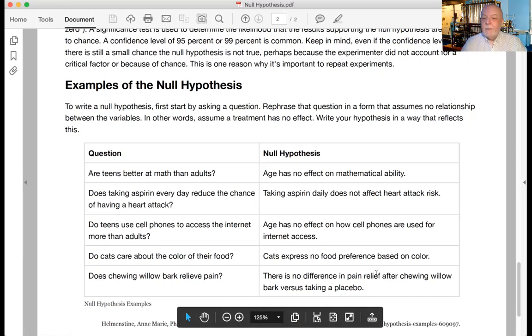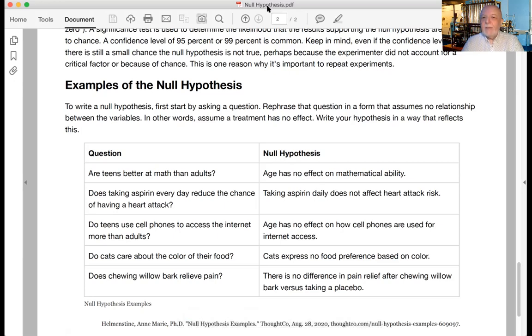You should hopefully be able to see that you might have a question and you can turn that into a null hypothesis, and the null hypothesis is the thing you test. This is the thing that you set up experiments for, to get data back for, to decide whether the null hypothesis is true or false. And you'll see that in a lot of papers.